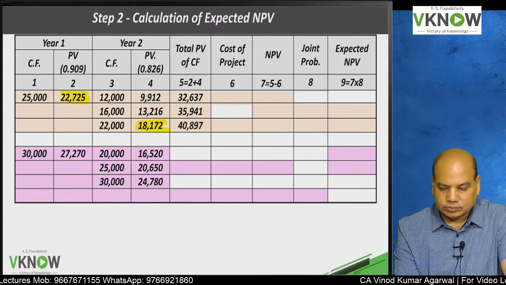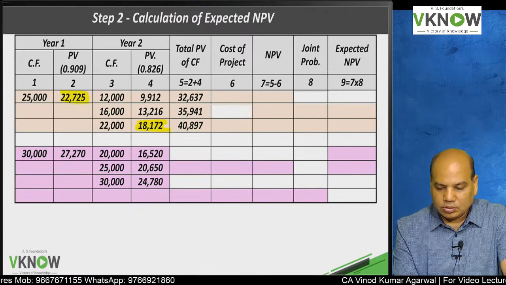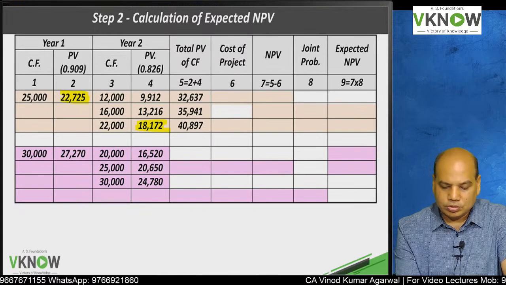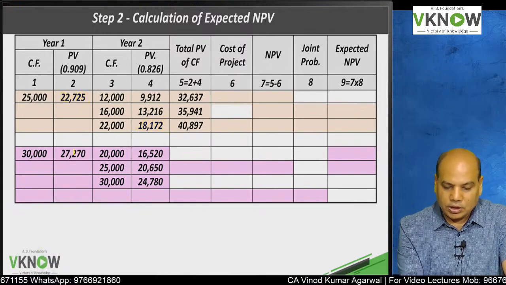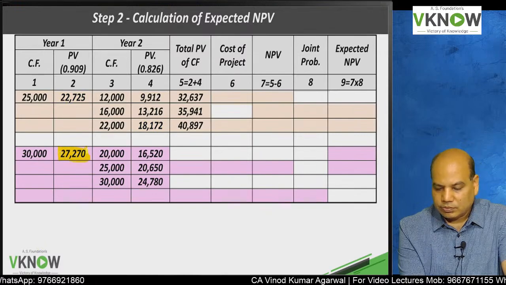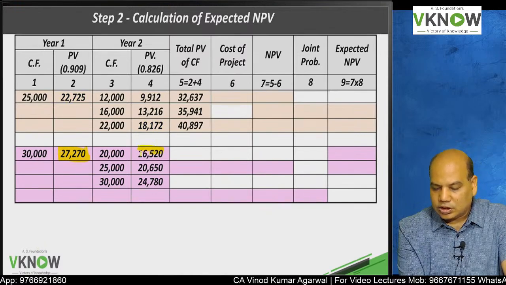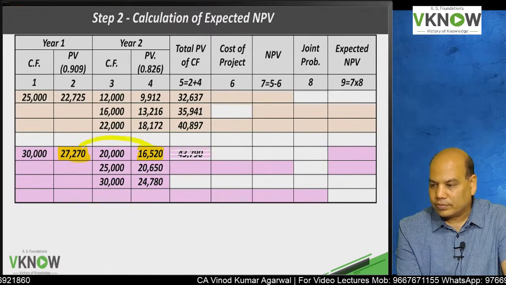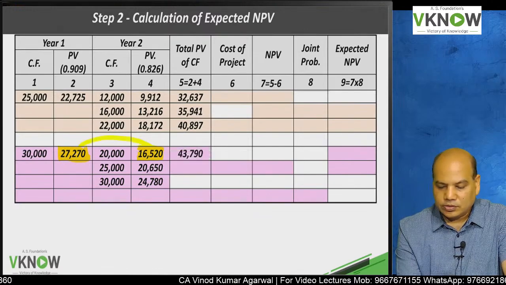40897. Depending upon cash flow of year 1 and year 2. Now same thing, in second year you will get 27270. First year, sorry. Second year you can get this number or this or this. So first you add these two. 43790.